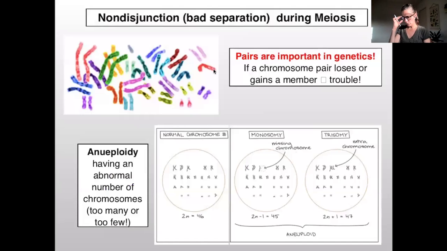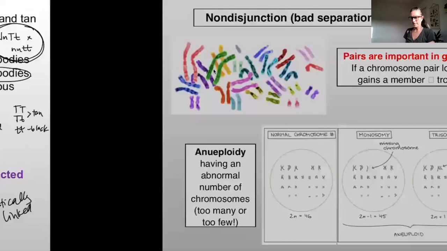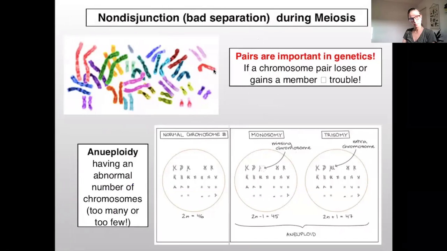All right, so we talked about genetic linkage, we talked about X-linked chromosomes, and now we're talking about something that can happen in meiosis, which is called nondisjunction. Nondisjunction is just a fancy word for bad separation of chromosomes, right?